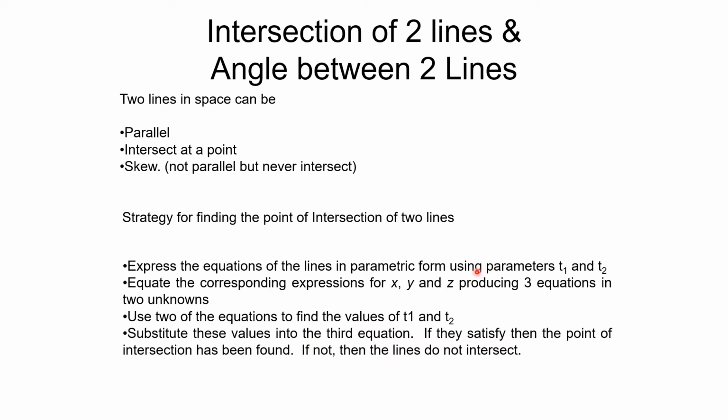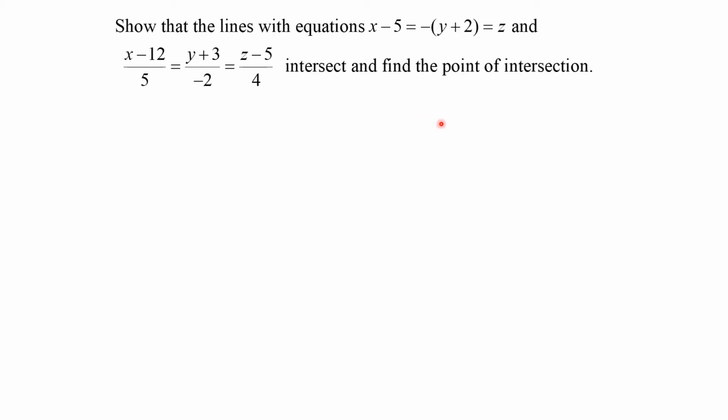Next we will look at some examples which apply these four steps to determine whether two lines intersect or not, and if they intersect, how to determine the intersection point. For example, you need to show that these two lines as stated here intersect.